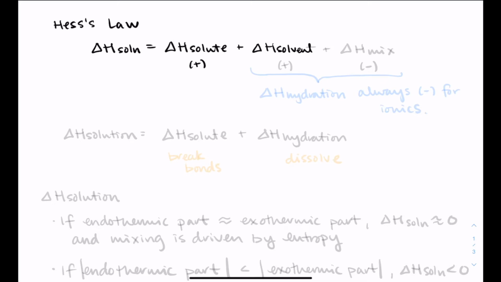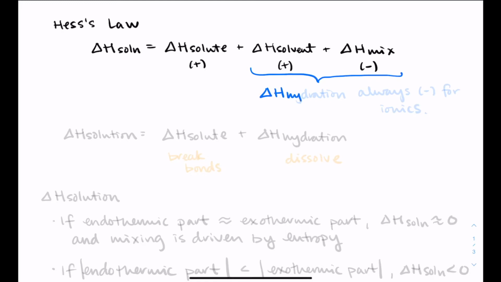The first step, I have it labeled as delta H solute, always endothermic. That's where we break up the solute. Delta H solvent, that's where we break up the solvent and make space. Also always endothermic. And delta H of mixing is my always exothermic step. Now I've put the solvent and the mixing together, right?